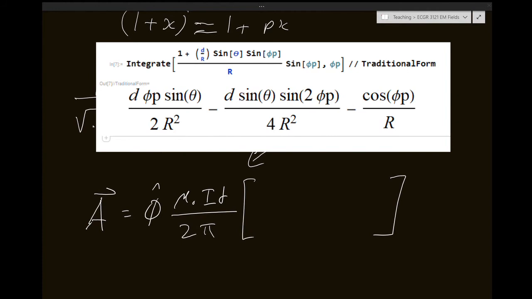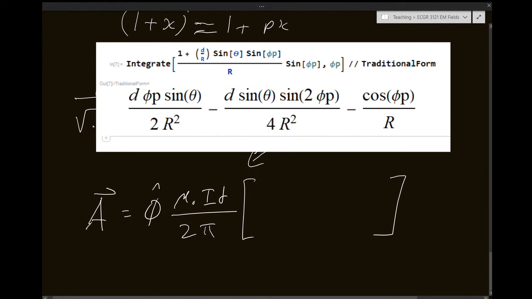So what's sine pi and sine minus pi? Again, 0. So those last two terms don't show up in the equation. We end up with just the first term, right? And I have sine theta, and then I have phi p, which is pi over 2 and minus pi over 2, right? So it's d phi p sine theta over 2r squared.